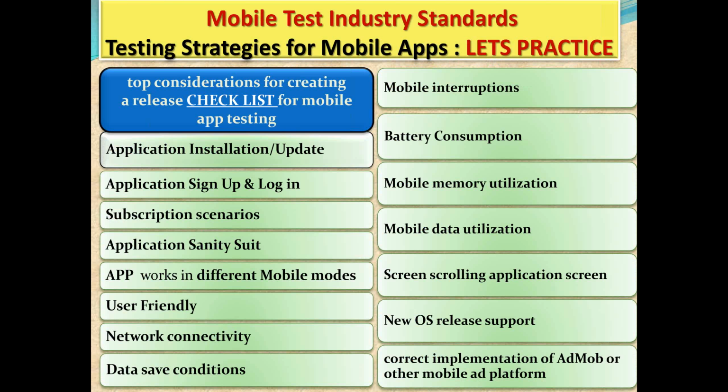Another thing to make a note of. For example, the user installed an application at some time, and he hasn't used it for a long time. This is one of the scenarios that you guys have to put into your checklist. It's not written here, I'm just talking about it.